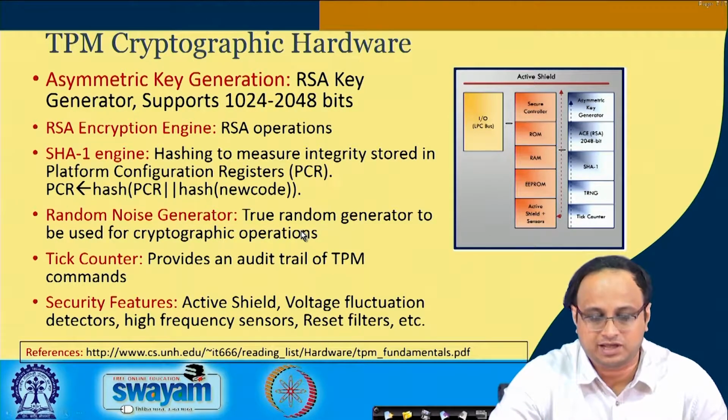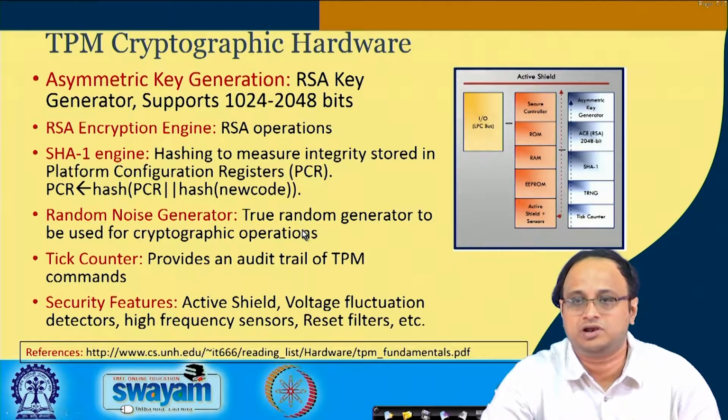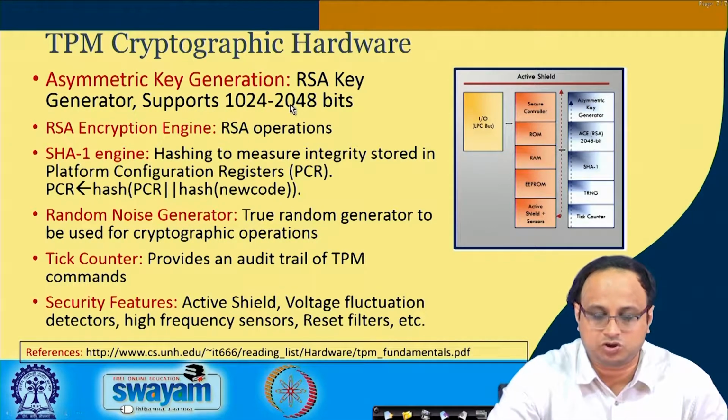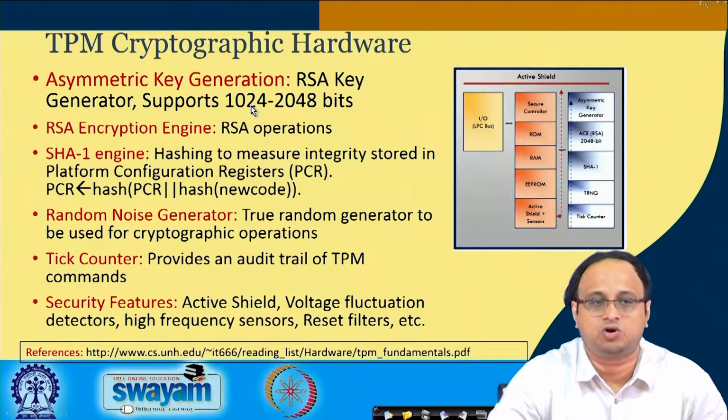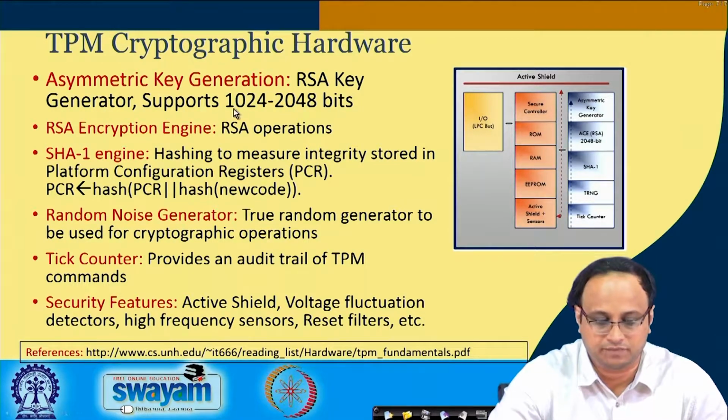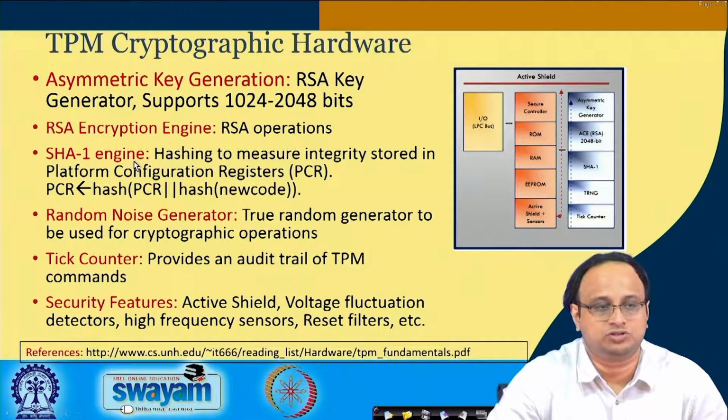The TPM, as you understand, does a lot of cryptographic operations, and because of this there are some cryptographic components which are already built into the TPM chip. For example, it has support for 1024-bit or 2048-bit RSA key generation as well as RSA encryption. So it can do both key generation as well as encryption. Then there is a SHA-1 engine, which is a hash engine.